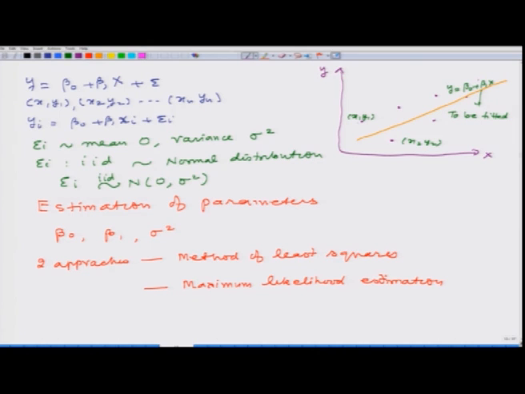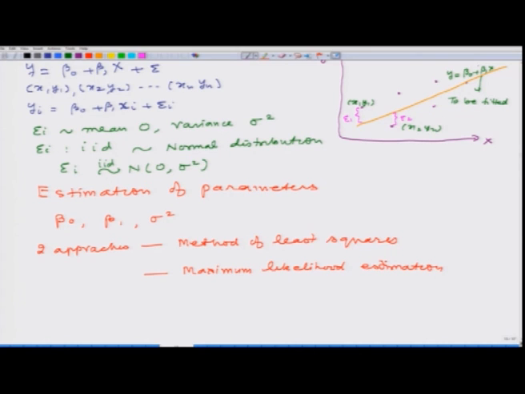Now, in this graphic, we had said this is my random error involved with the first observation, denoted as epsilon 1, and similarly this is my epsilon 2 and so on. In every observation I have some random error. Now, the principle of least squares says that I would like to find this orange line in such a way that these random errors are minimum and most of the points lie exactly on the line.